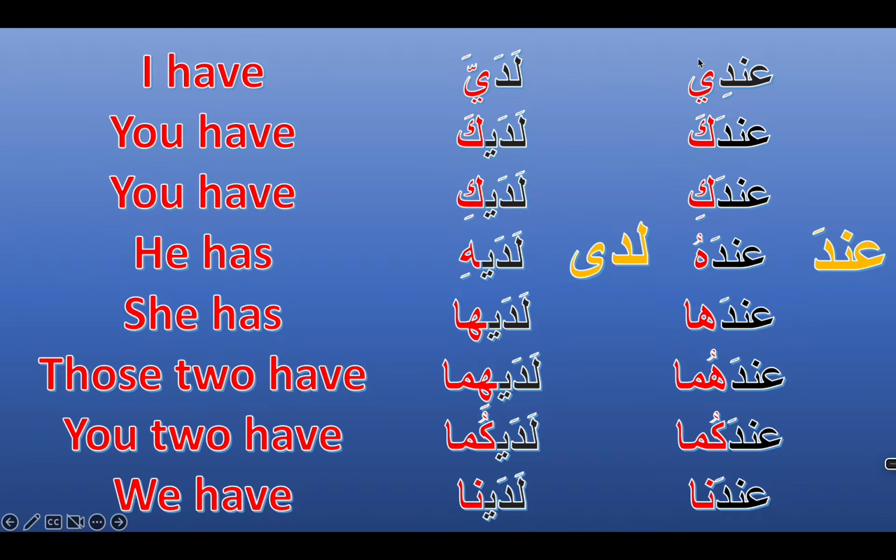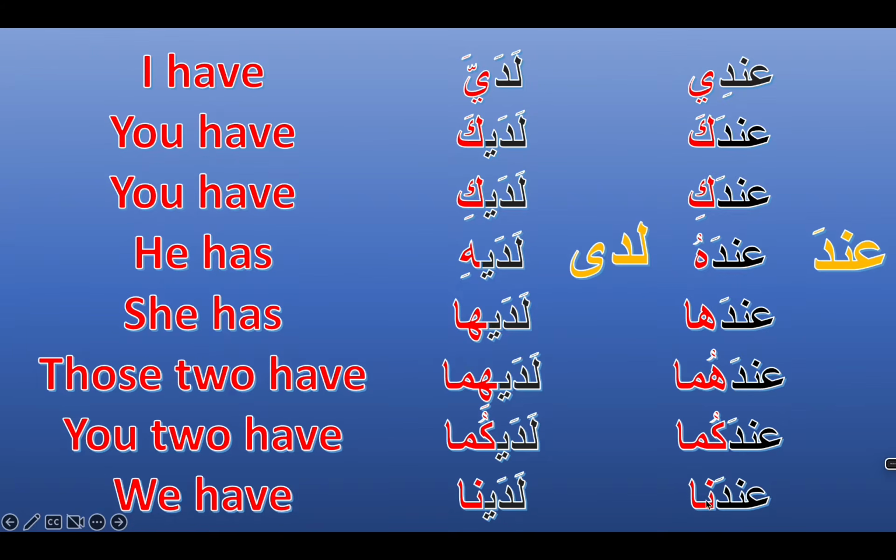We do so by adding the various suffixes which are listed here in red to these words. For the ana, the I, we add i. For the anta, we add ka. For the anti, ki. For the huwa, hu. For the hiya, ha. For the huma, masculine and feminine, we add huma. For the antuma, masculine or feminine, we add kuma.